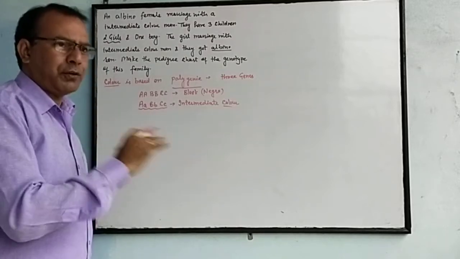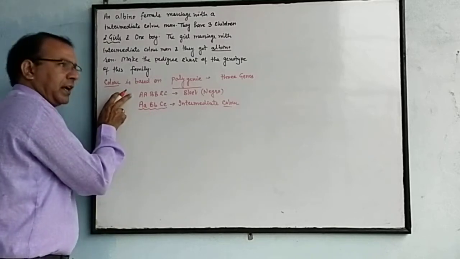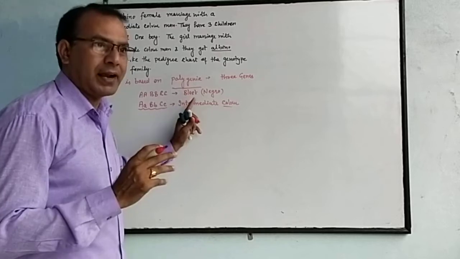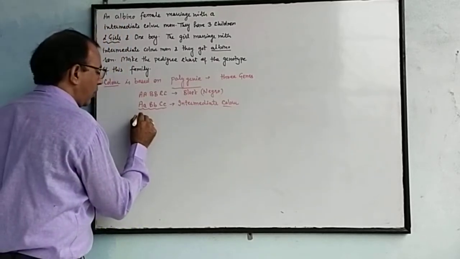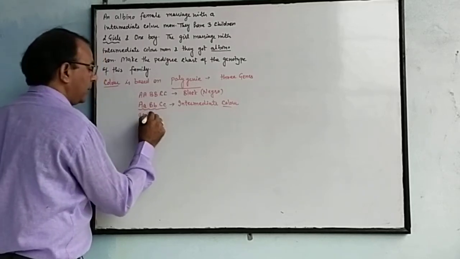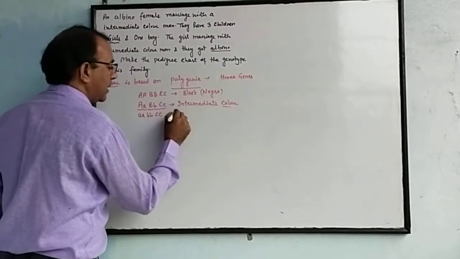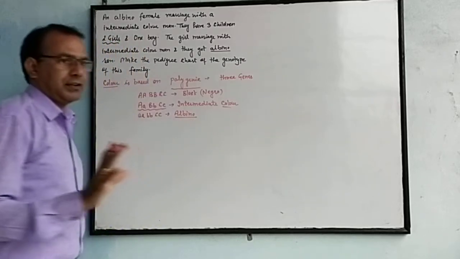Albino is pure white. Dominant, represented by a capital letter, means the black color. Recessive is represented by small letters. If both are small a, both small b and both small c, this color is produced: albino, meaning pure white.